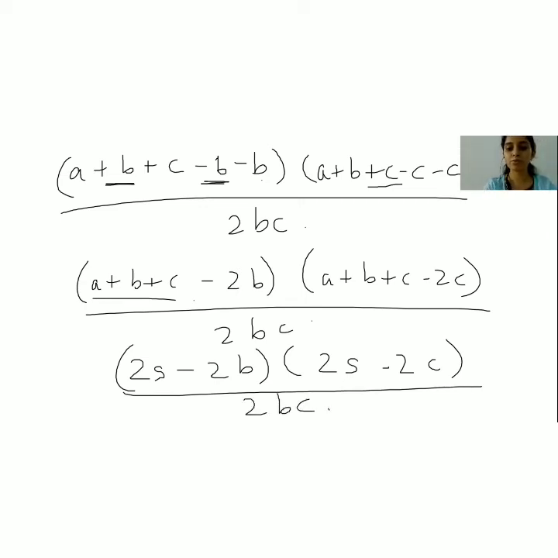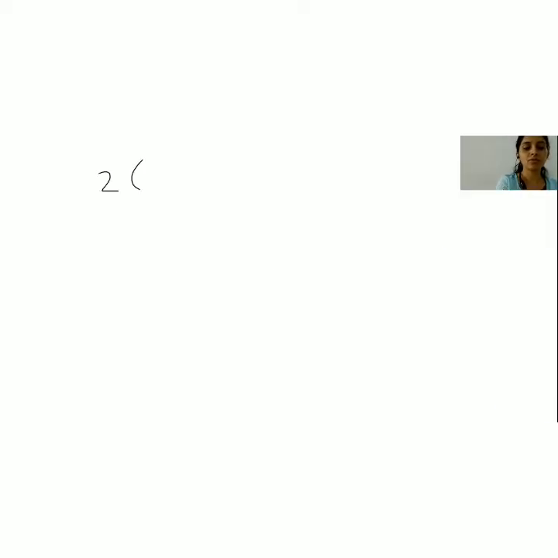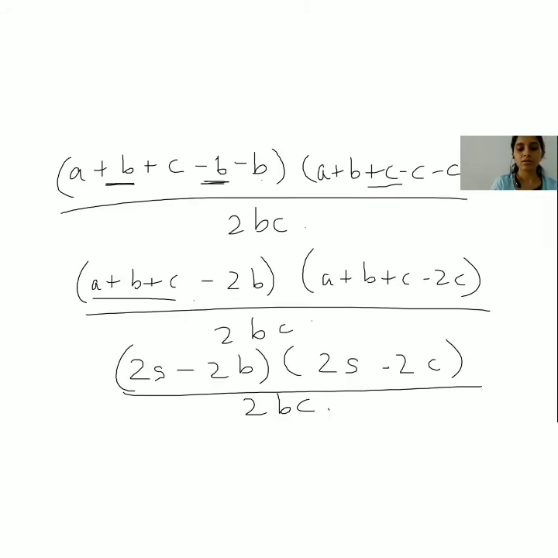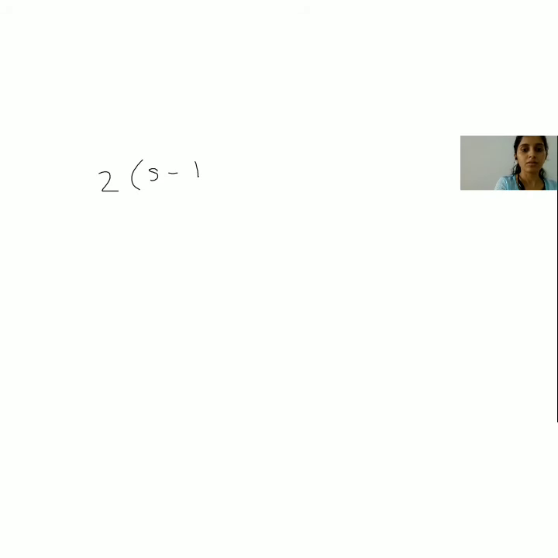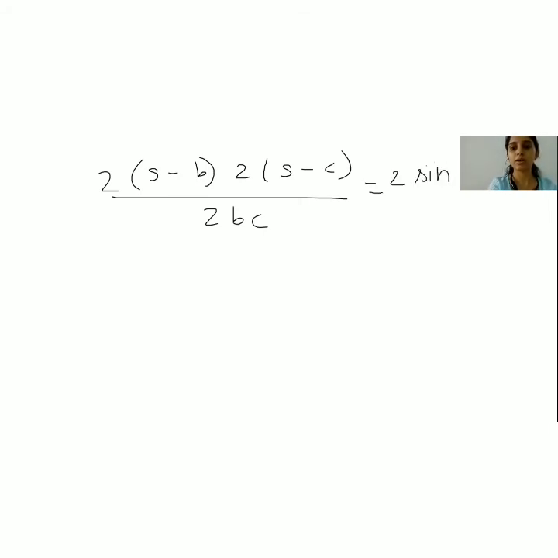We'll take 2 common, okay, and we'll get 2 outside, S minus B, 2 bracket S minus C, 2BC, and what was the right hand side? 2 sine square A by 2.